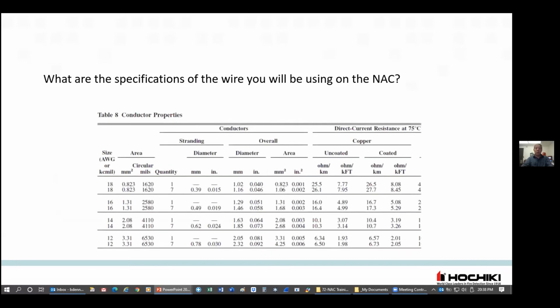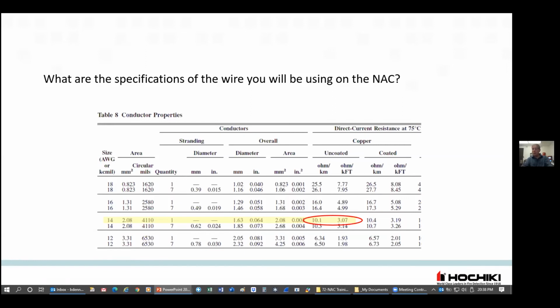If not, you can refer to information, such as this table, which comes from the National Electric Code. And let's imagine that we're going to use 14 gauge or approximately 2 millimeters squared cable. It has a resistance of 3.07 ohms for every 1,000 feet.